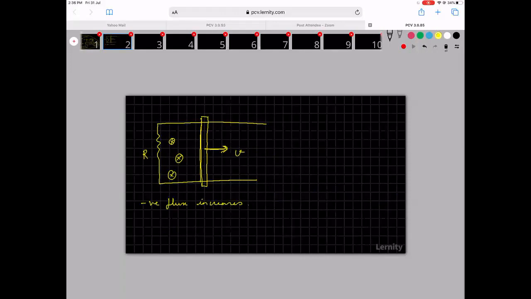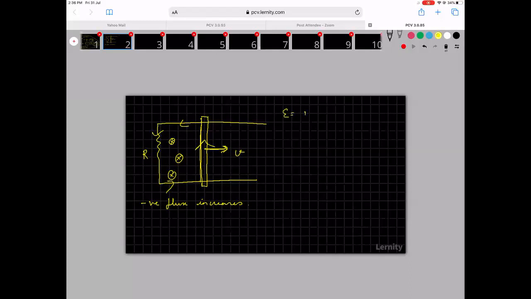Yeah, negative flux increases. So what happens? The nature of the EMF should be such that it will decrease the flux as per Lenz's law. So I should have a positive flux. So for positive flux means the current should be anti-clockwise. So the current will be this way.